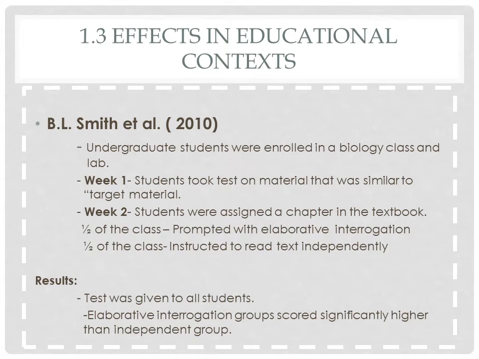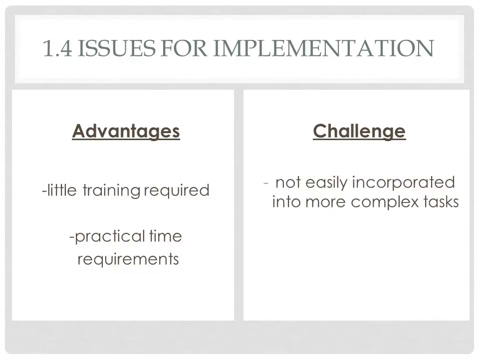During the second week, the students were given an assignment to read a chapter in their textbooks regarding human digestion. Half of the students were given elaborative interrogation prompts and half were told to read and study the text independently. Then the students were given a true-false test of 105 questions. Performances by the elaborative interrogation group proved to be much higher than the control group.